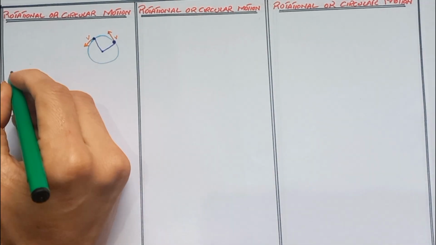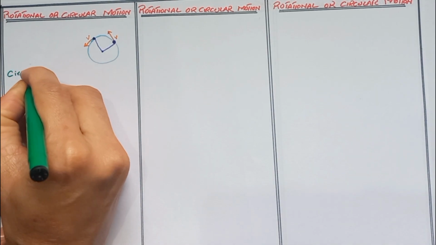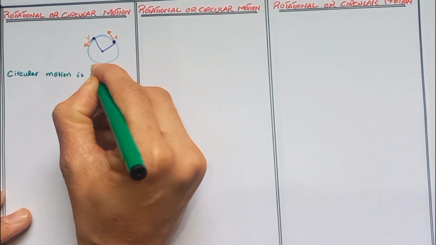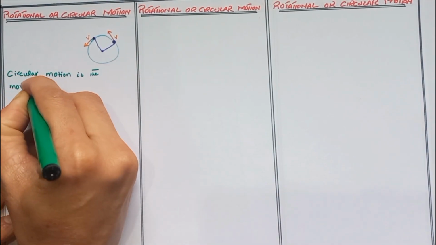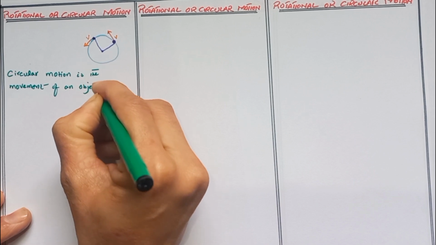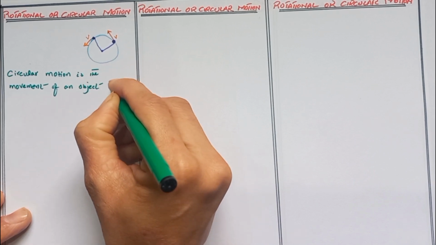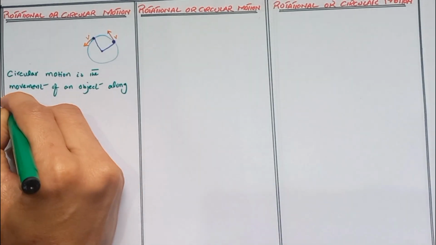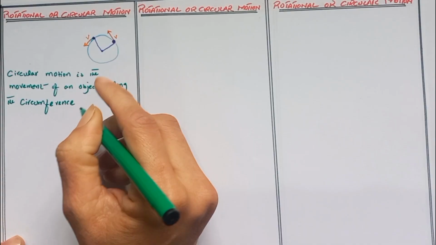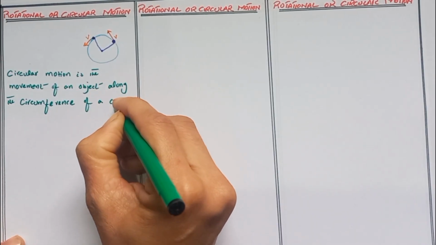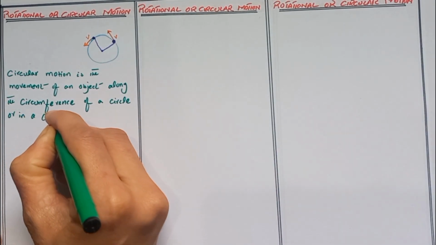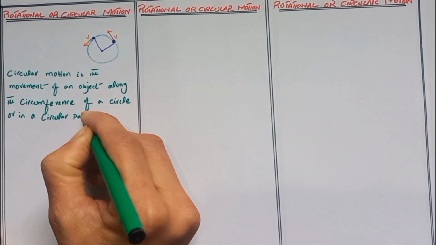So here we write: circular motion is the movement of an object along the circumference of a circle or in a circular path.